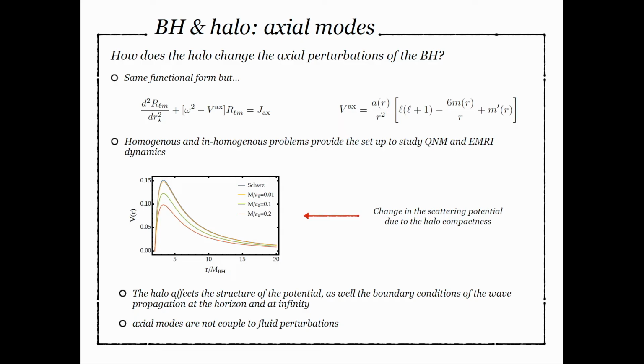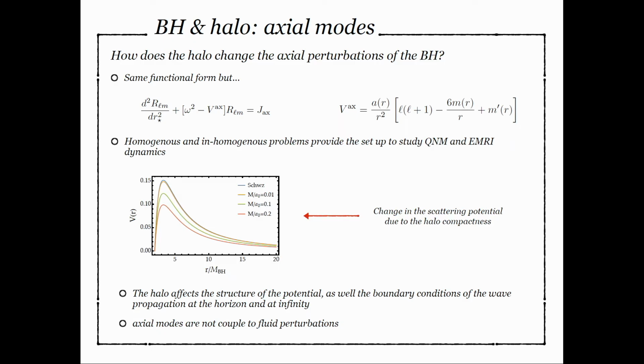What changes really is, of course, the source term, because it contains the background metric of the black hole, but also the scattering potential here that I'm drawing for different cases. The blue one, hidden a bit, is the Schwarzschild vacuum case, because now the axial scattering potential contains the new g_tt component, which is not Schwarzschild anymore, plus there is the mass function and its derivative here. So it contains information on the matter distribution. These terms will be 0, and this will be constant for a pure vacuum Schwarzschild background.